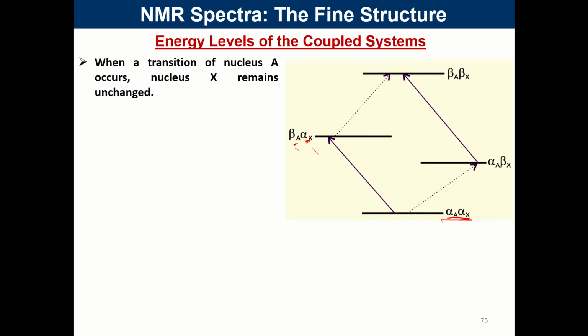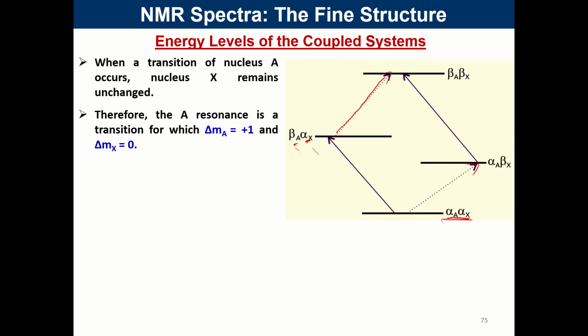The two dotted lines that you see represent change in the value of the B x nucleus, and they will have the same separation as the difference between the two solid lines that has been shown already. Okay, so it is a different way of expressing the thing which was presented on the previous slide.